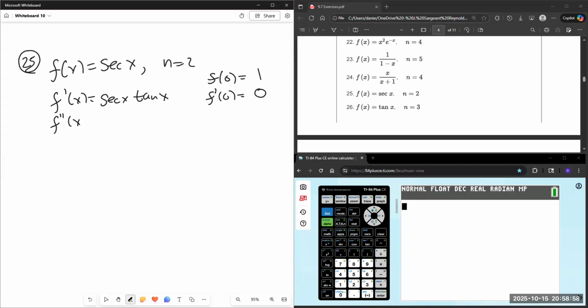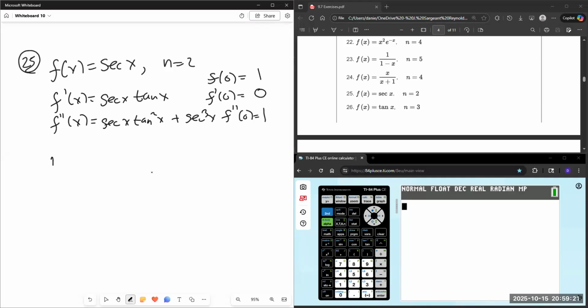F double prime is the derivative of secant, which is secant tangent, plus the derivative of tangent, which is secant squared. F double prime of 0 will be 0 plus 1, which is 1.